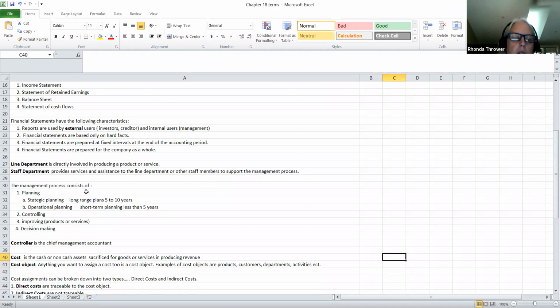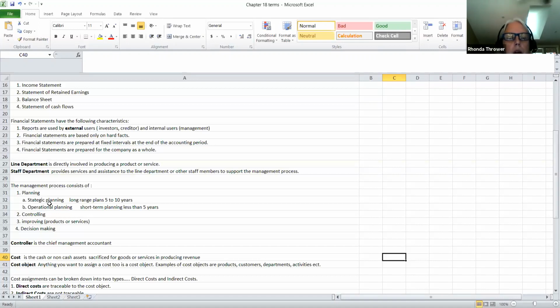In managerial accounting, we're preparing management reports. And so the management process is something that they have introduced to you also in this chapter. And part of the management process is to be able to plan for your company's operations.